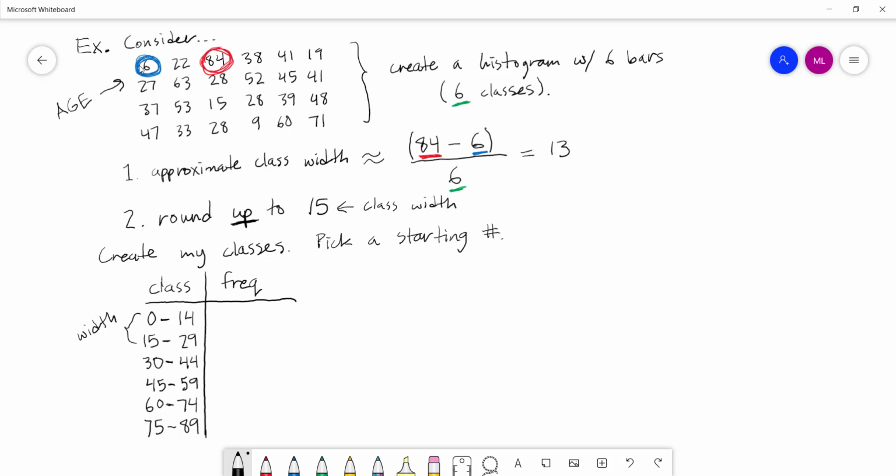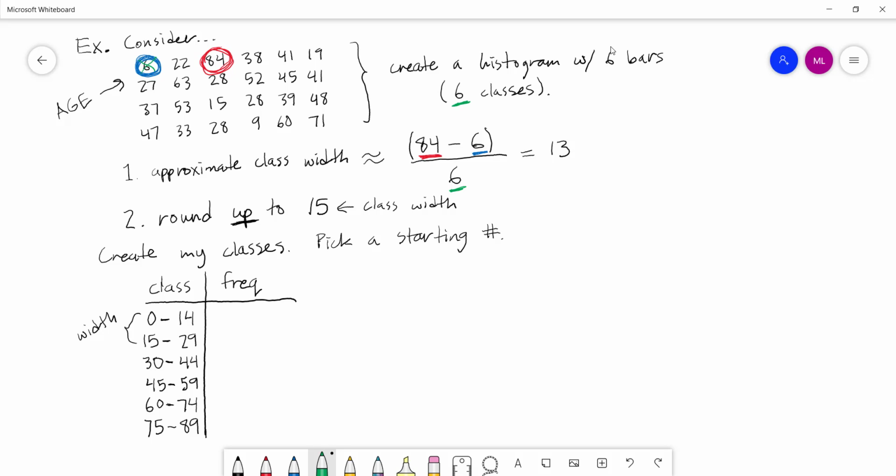So first though, let's just do it by hand the hard way, just as a worst case scenario, something you can fall back on. So I want to go through this list and look for any numbers between 0 and 14. If I go through this list looking for all the numbers between 0 and 14, I'm going to cross them off as we go. Let me get a color to cross them off with. Let's do green because I haven't used that yet.